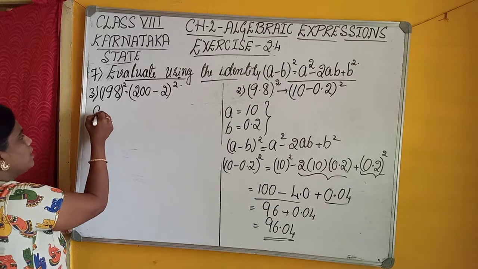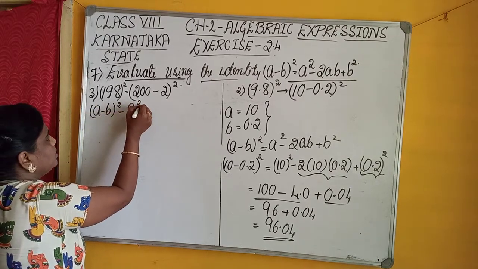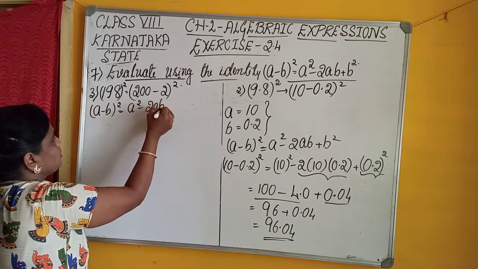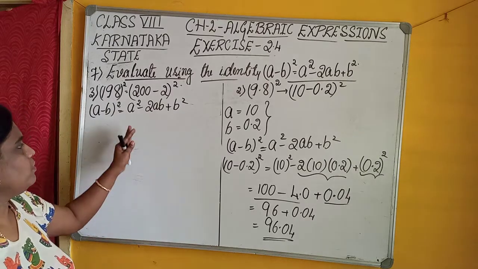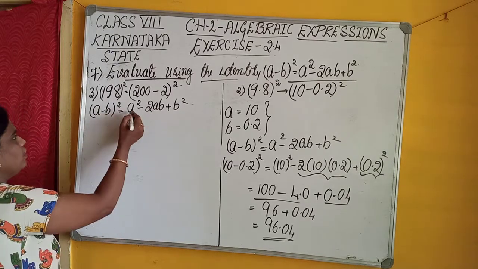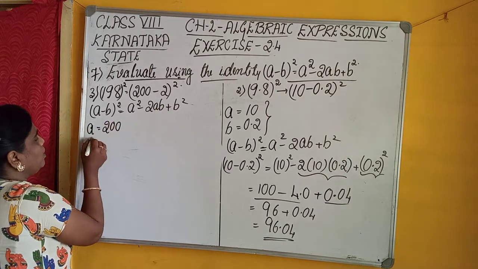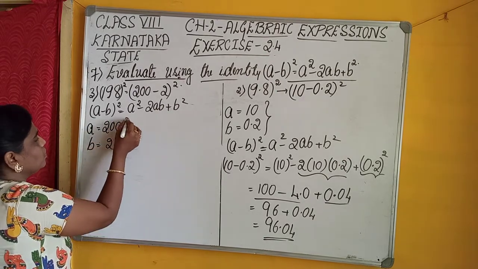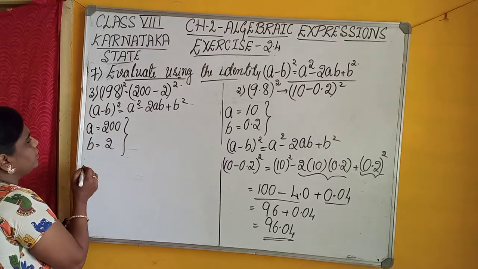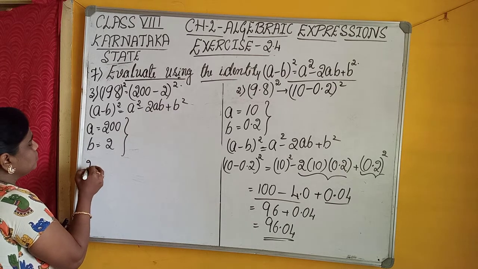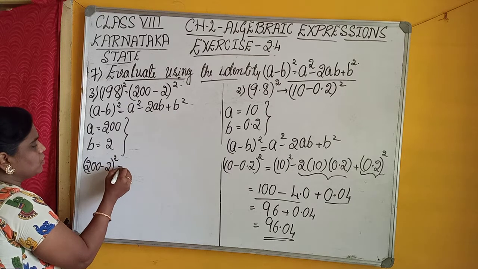Okay, (a minus b) whole square is equal to a square minus 2ab plus b square. Now we are verifying the values: the value of a is 200 and the value of b is equal to 2. Now substituting these values in that identity, (200 minus 2) whole square is equal to a square.